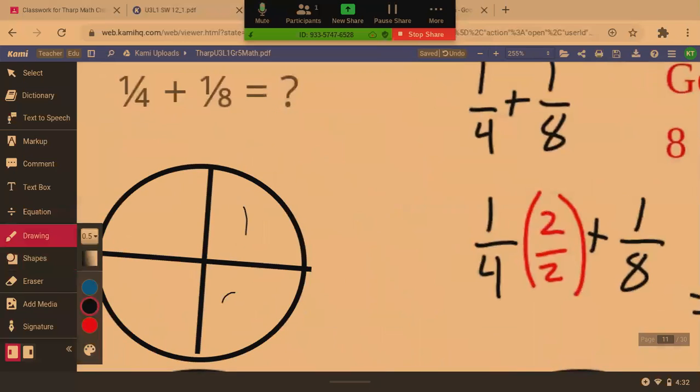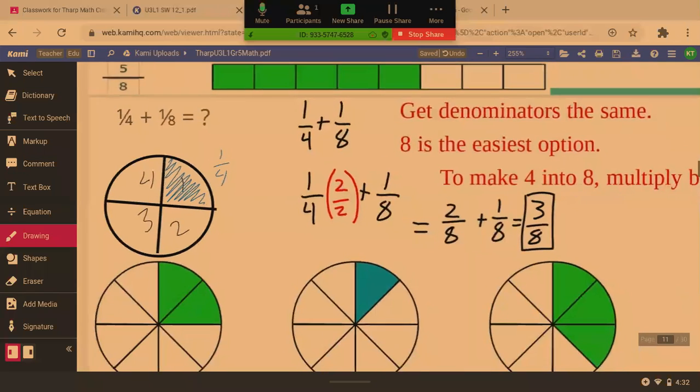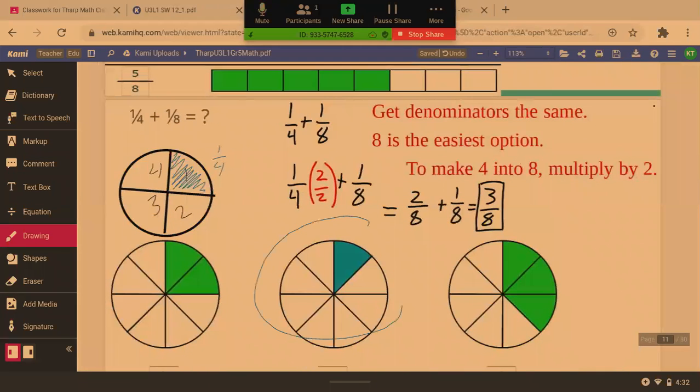So 1, 2, 3, 4, and 1/4 would have been just 1 piece. But look, and then I'm comparing it to a pie with 8 pieces. So the reason why we manipulate it is to make it the same number of pieces. That's why we're manipulating it.